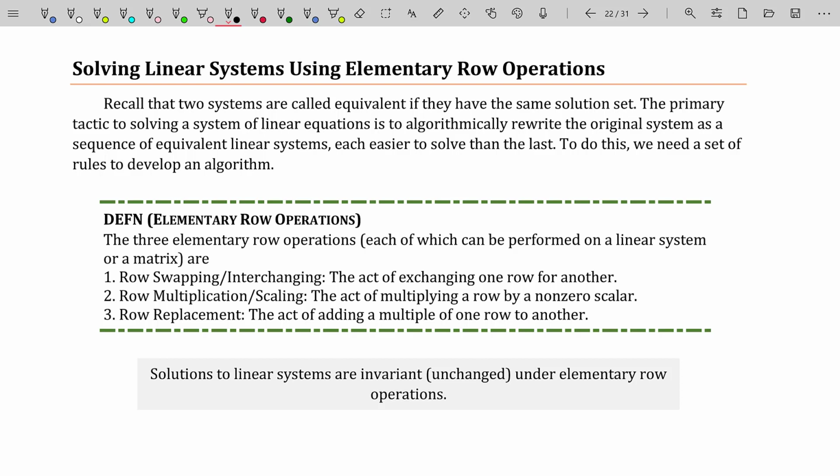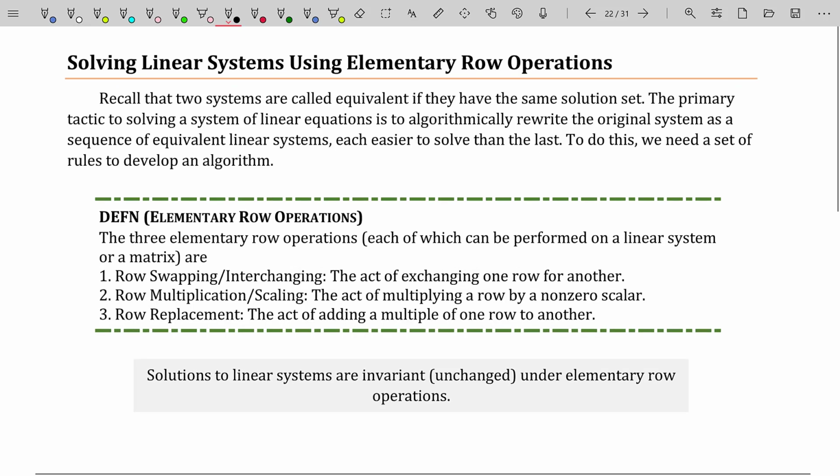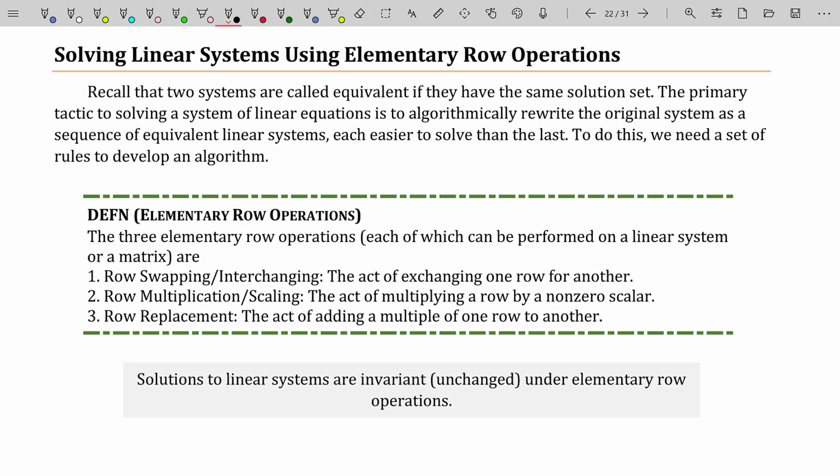Honestly, I've gone back and forth about whether to do this in a video or talk to my students live about this, because it is verging on a higher level. But I still think it's easy enough for a student to grasp without me being right in front of them. So let's go ahead and review elementary row operations.